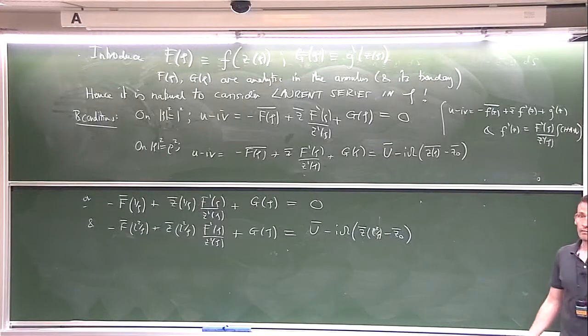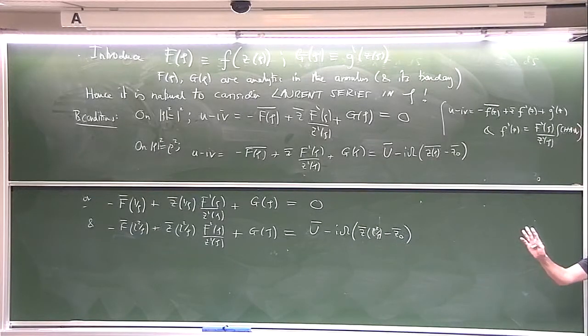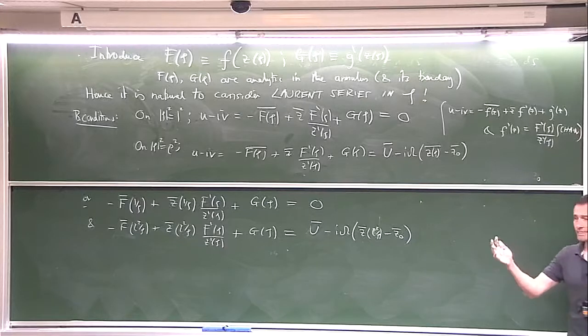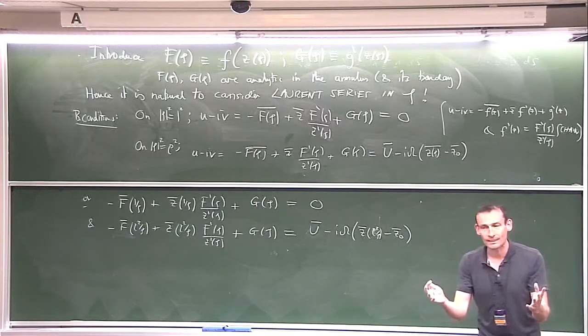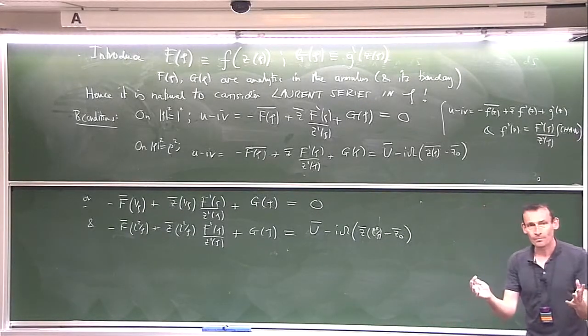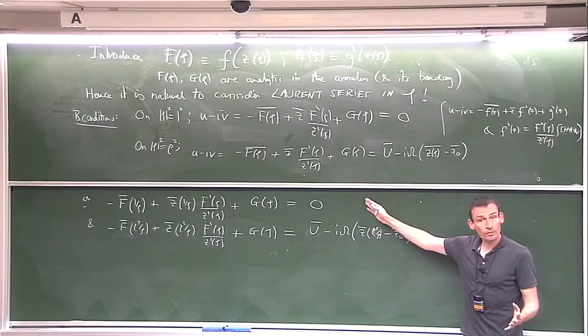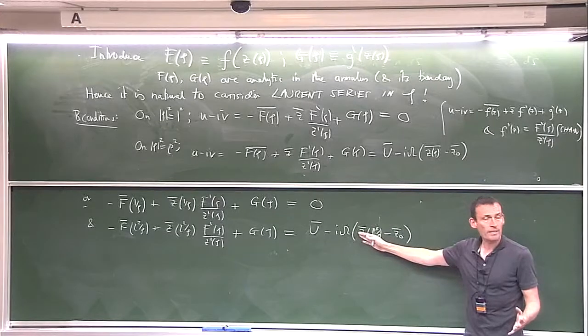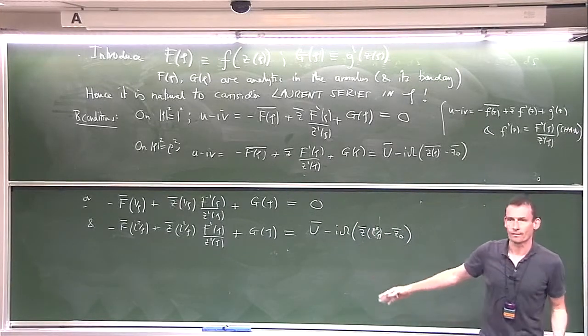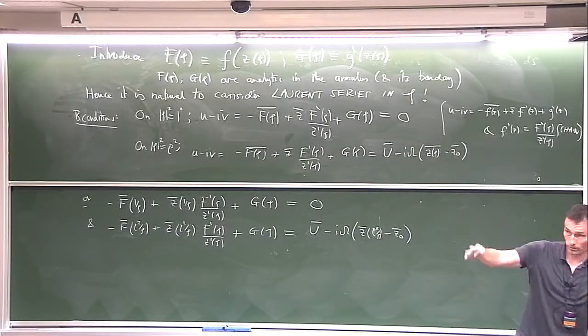Very, very important. And it's the whole beauty of complex analysis that's encapsulated in statements like that. These two used to be valid just on the circles that they came from, but now they're valid everywhere. They can be continued.